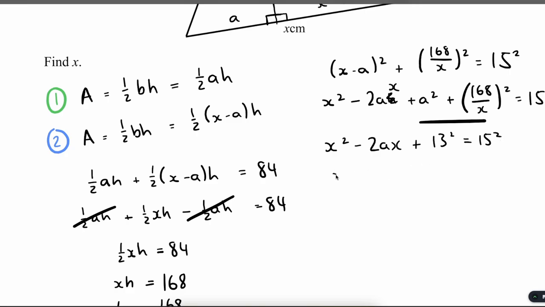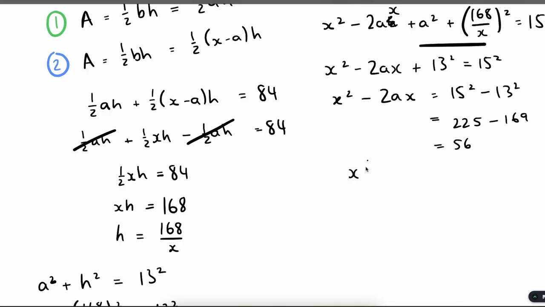So we can subtract onto the other side 13 squared minus 15 squared. Now it helps to know your squares up to 15, so that's 225 minus 169. So that's going to be 56.